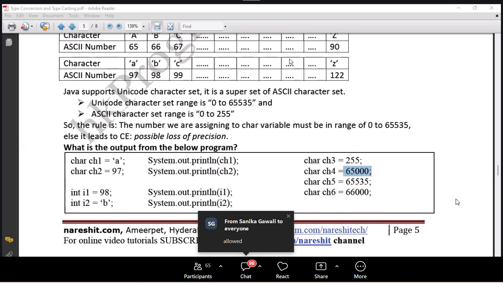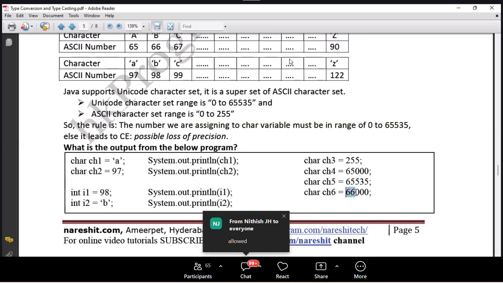Allowed or not allowed? Not allowed. What is the range? 65,535. What number did I assign? 65,000. 65,000 is in the range of char, na? So allowed or not allowed? Allowed. Next, 65,535.